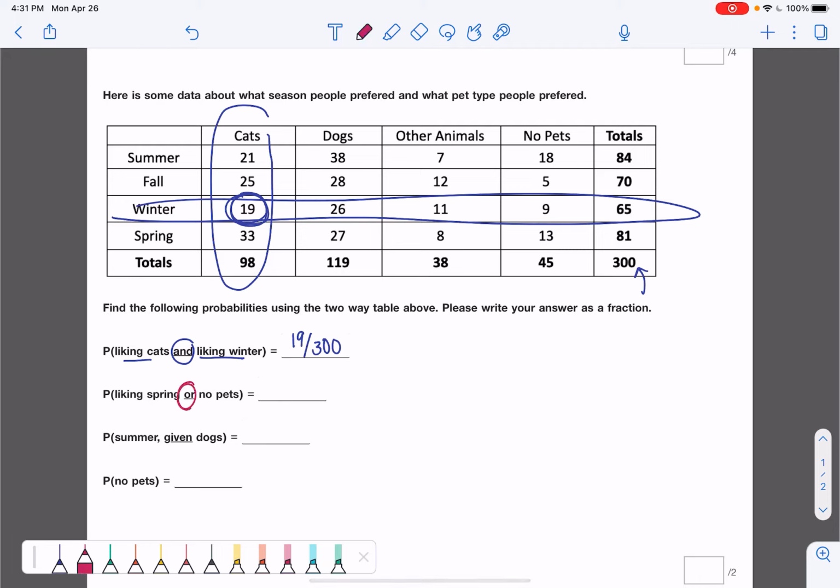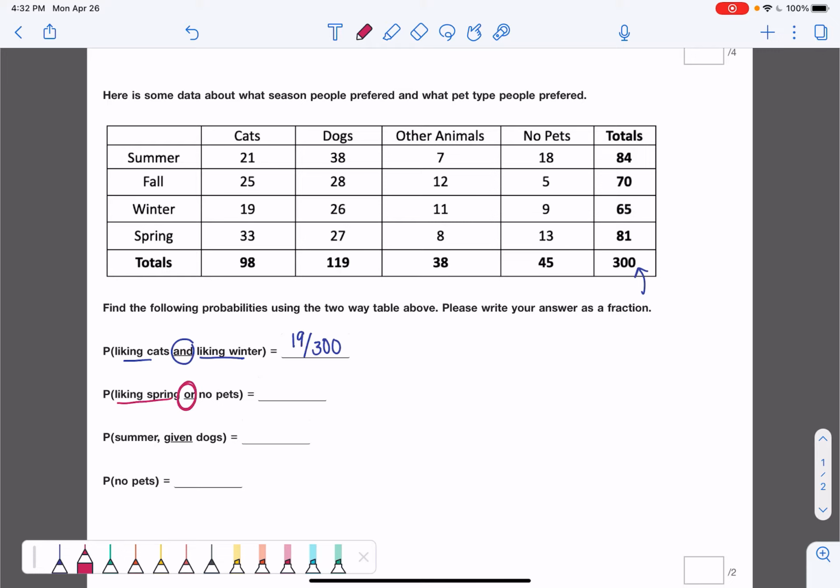Liking spring or no pets, or is tricky. So liking spring is category 1. All these people fit. So 33 plus 27 plus 8 plus 13. Plus no pets.